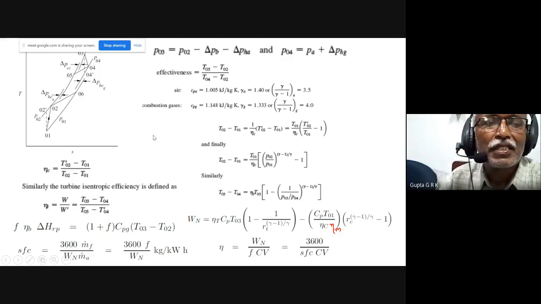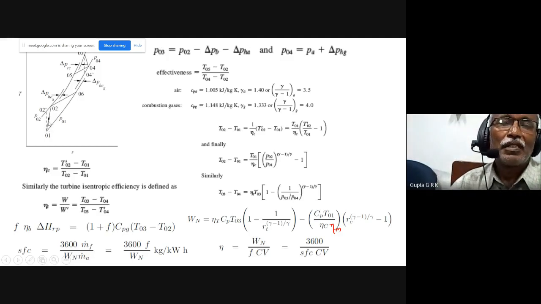And then efficiencies, because the compressor needs more work because of the irreversibilities, and the turbine gives less work because of the irreversibilities. So the compressor efficiency, if you take, this is the ideal, this is actual. So ideal by actual: T2 dash minus T1 by T2 minus T1, that is T02 dash minus T01 by T02 minus T01. This is the compressor efficiency.